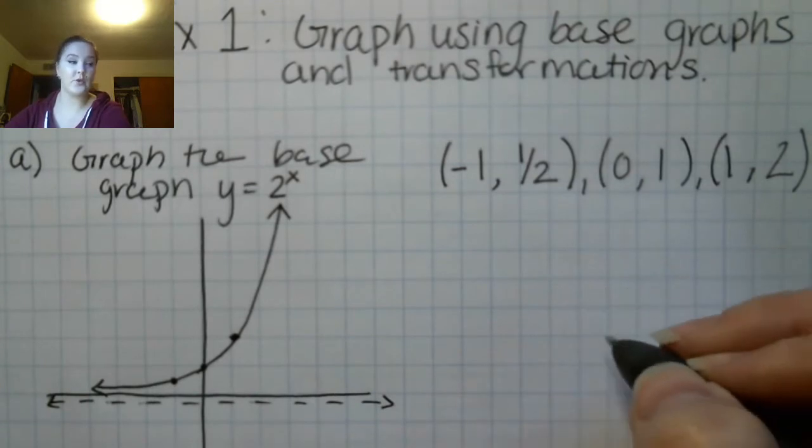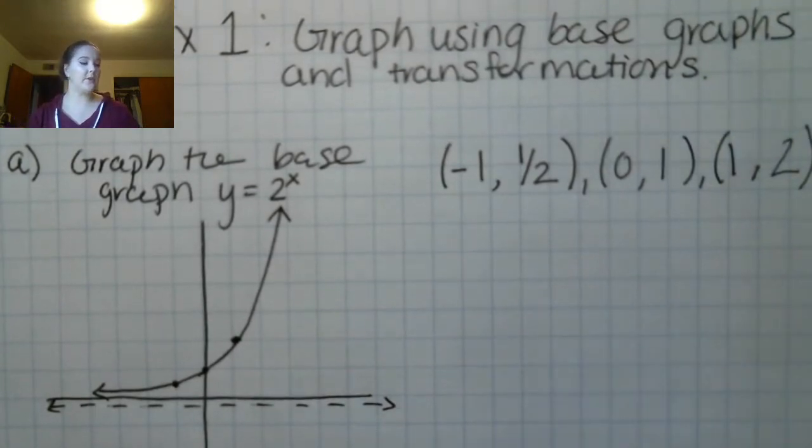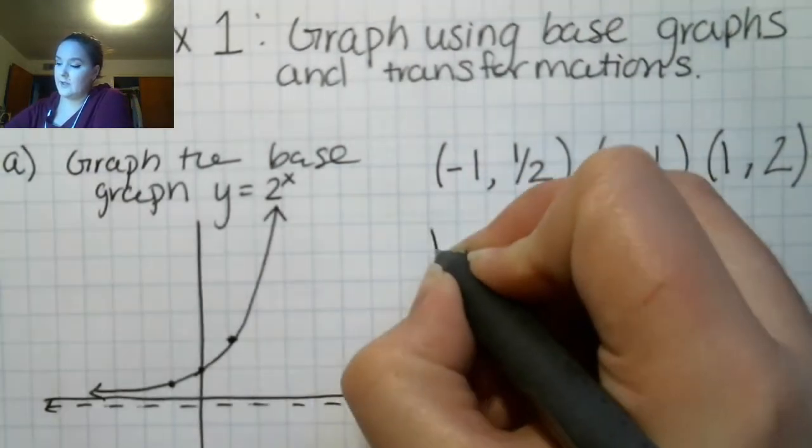So let's look at some transformations of that base graph. The transformations are going to be the exact same transformations that we saw with other base graphs. So let's look at some base graph transformations here.